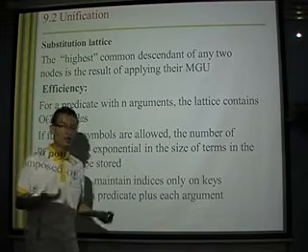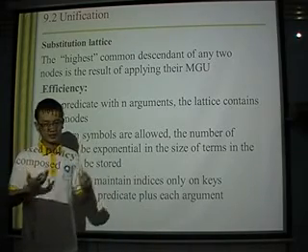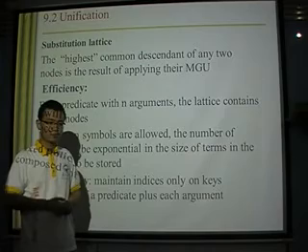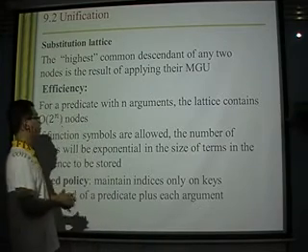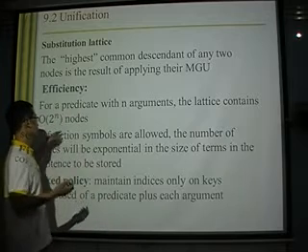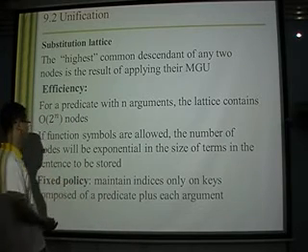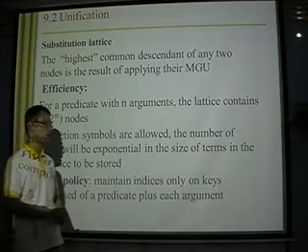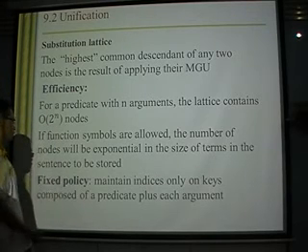The efficiency of maintaining and accessing such a lattice is indeed very expensive in theory. For a predicate with n arguments, the lattice contains this many nodes. And if function symbols are allowed, the number of nodes will be exponential in the size of the terms in the sentence to be stored.